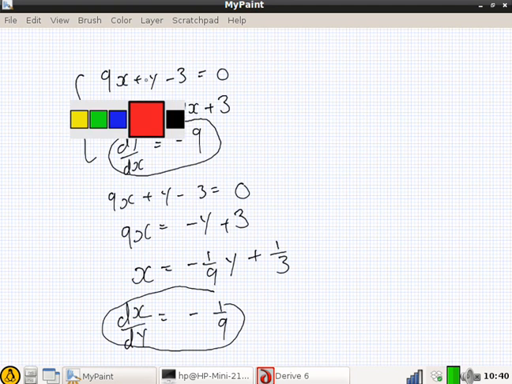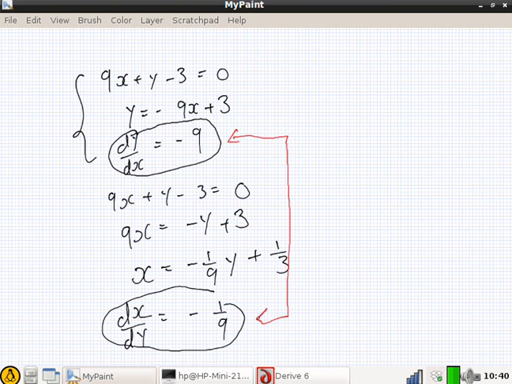In fact, the only difference is what? The second answer is 1 over the first answer. And that's the key thing I want you to learn: dx/dy is in fact the same thing as 1 over dy/dx.